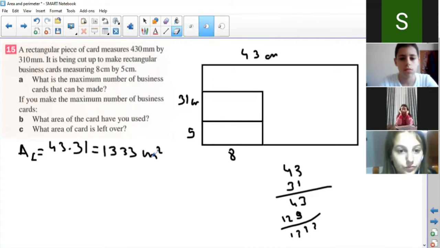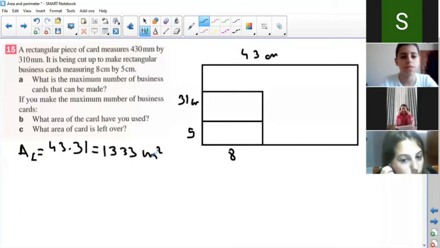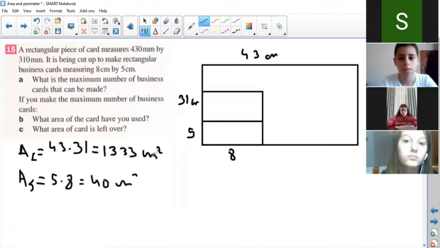What is the area of the smaller rectangle, the card that I want to cut? Let's say area of the smaller rectangle is 40. Now let's try to divide it.